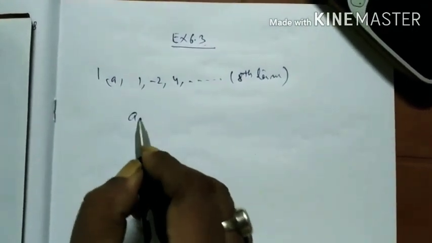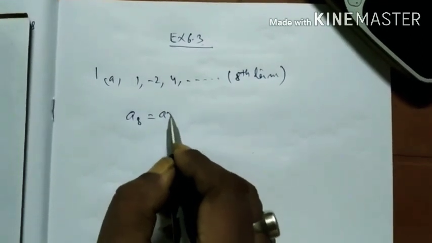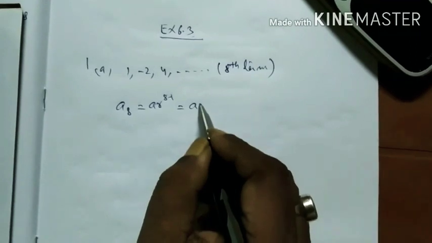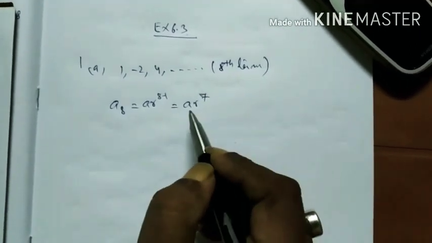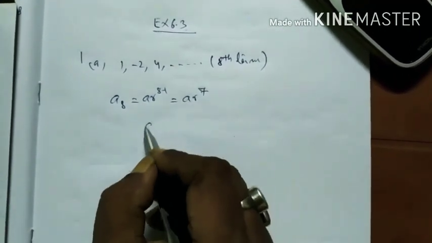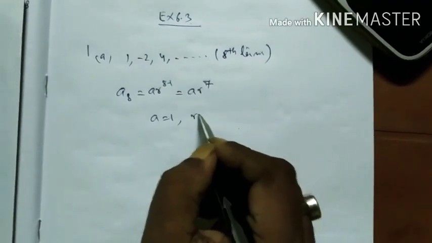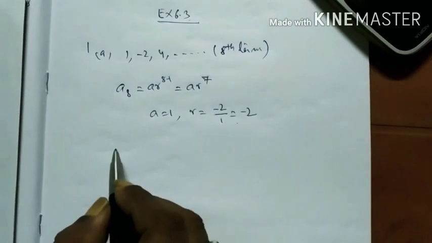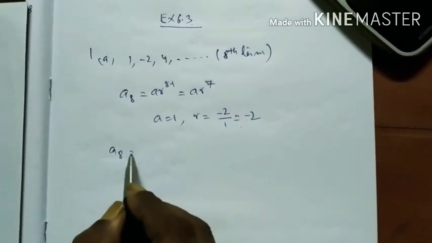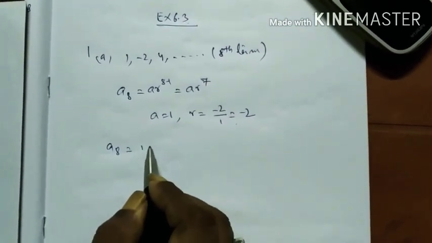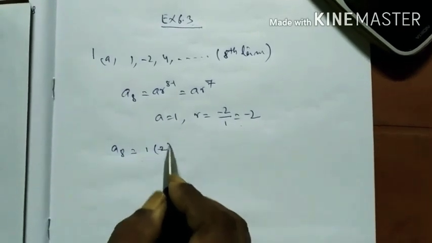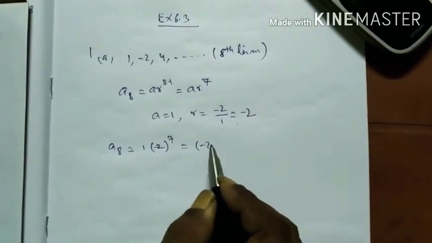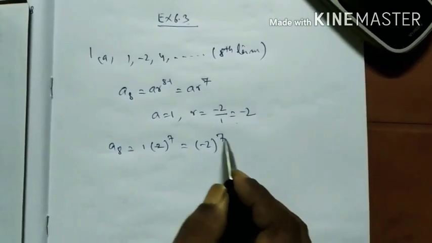Therefore, A8 is equal to A r to the power of 8 minus 1, that is equal to A r to the power of 7. Here, your A is 1 and your r is minus 2 divided by 1, that is equal to minus 2. So, A8 is equal to 1 into minus 2 to the power of 7, and your answer is minus 2 to the power of 7.